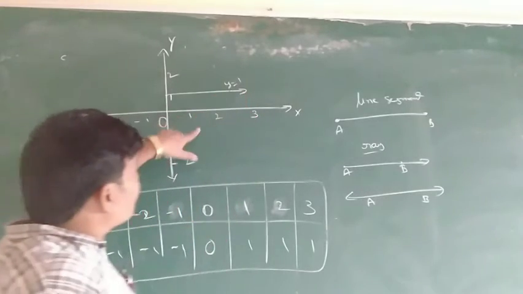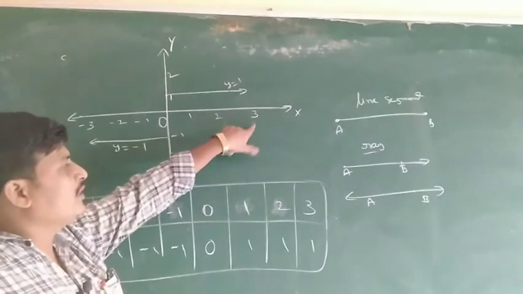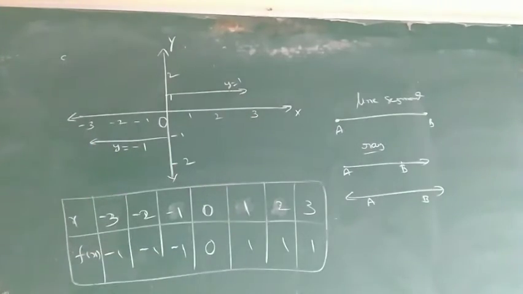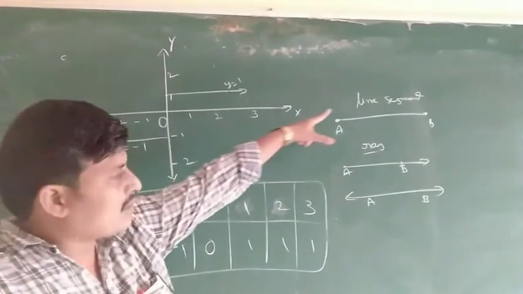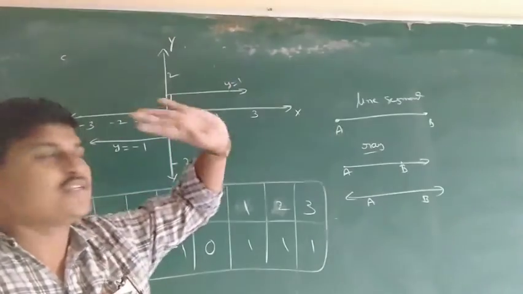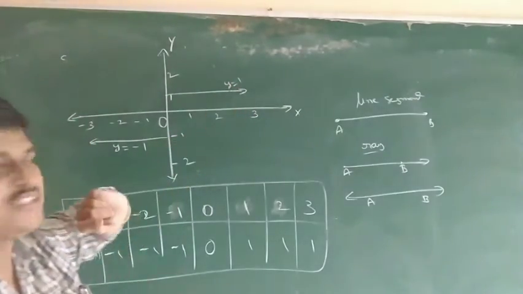Okay, so the arrow is compulsory. Arrow means not only the line, the graph goes on, not ending at 3. This is the x-axis 3, 4, 5, and so on up to infinity. That's why the arrow mark must be used.